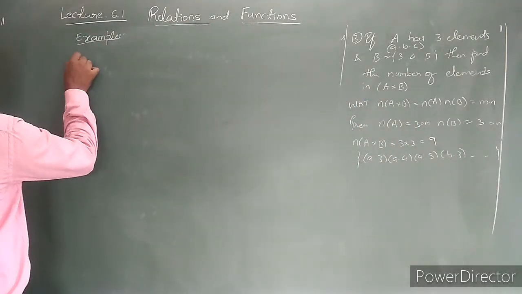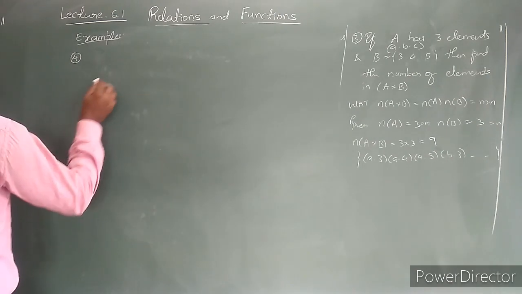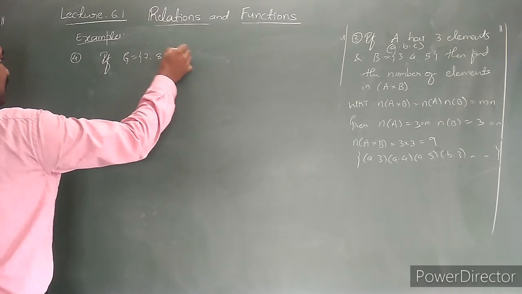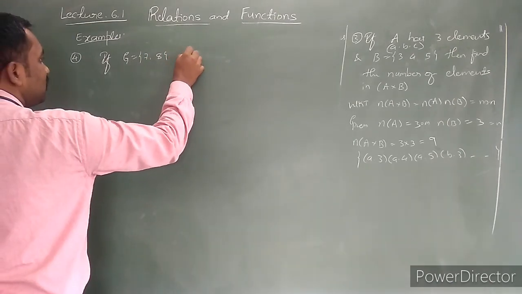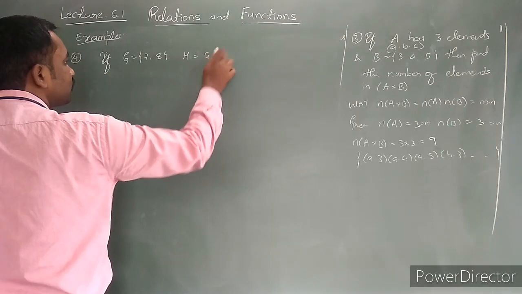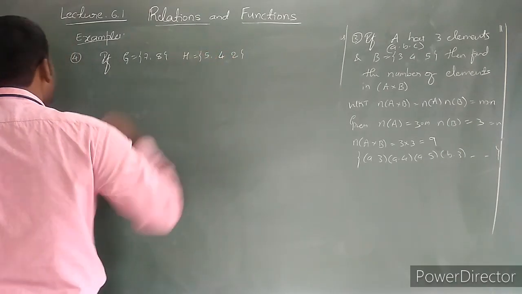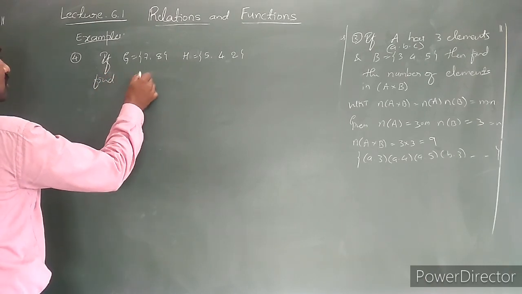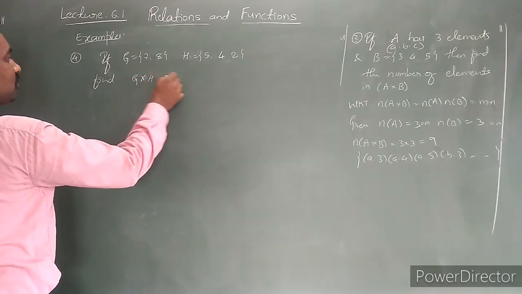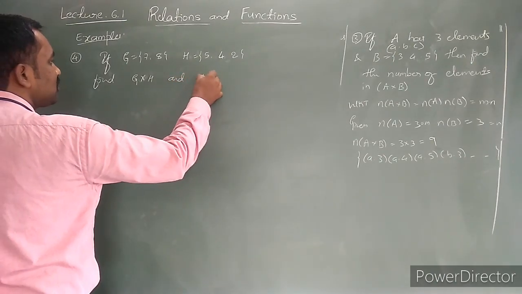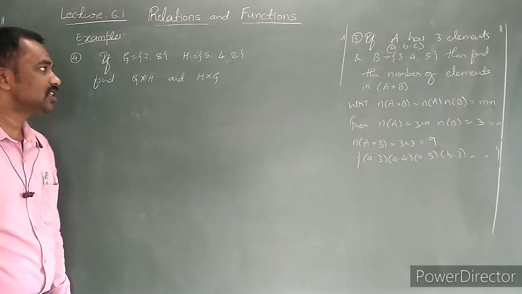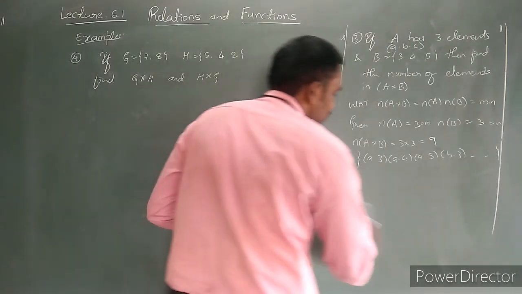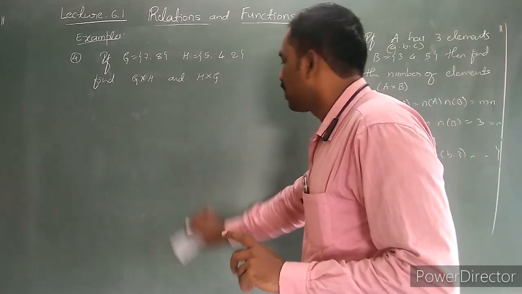Next, the fourth one is: if G is equal to {7, 8} and H is equal to {5, 4, 2}, then find G cross H and as well as H cross G. Here G and H are the two sets given.